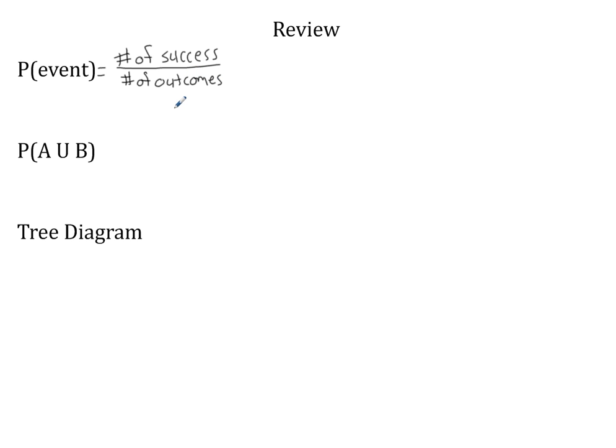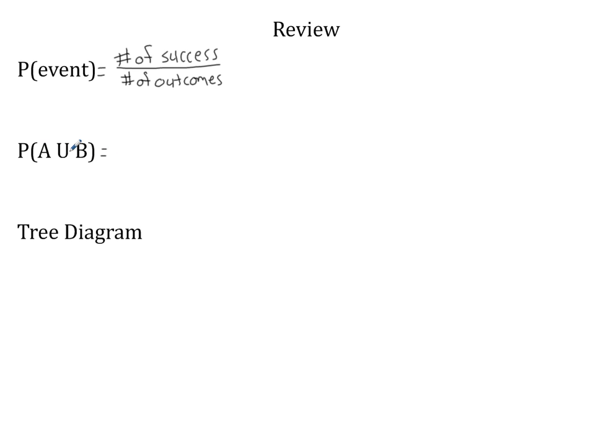So for example, if you wanted to find the probability of rolling an even number on a dice, well, there are three things that you would consider a success for that probability: 2, 4, and 6. And then there are 6 total outcomes, so it would be 3 out of 6, or 1/2.